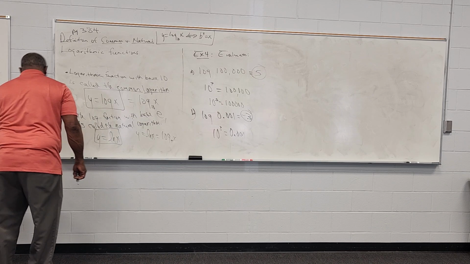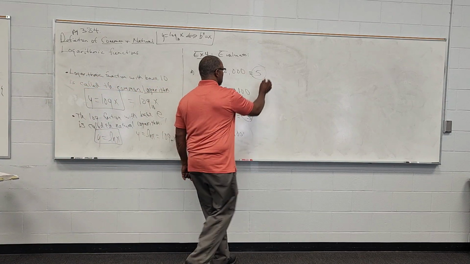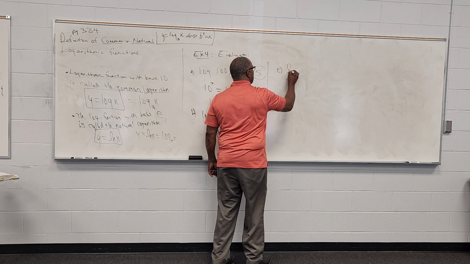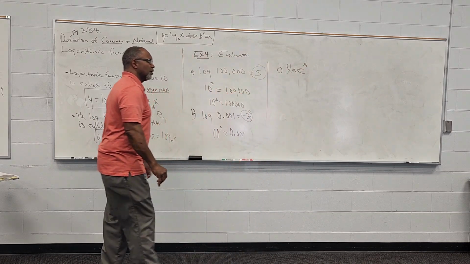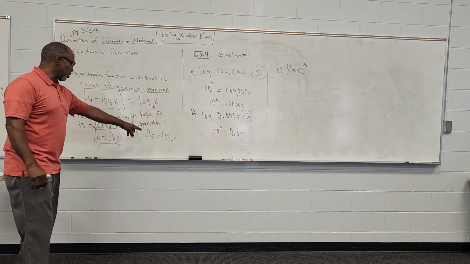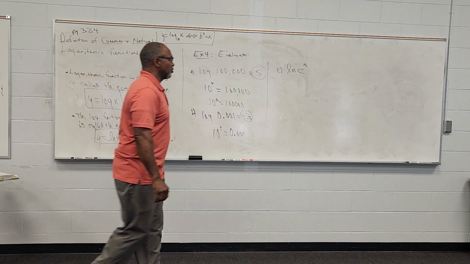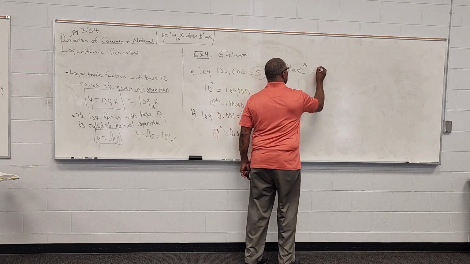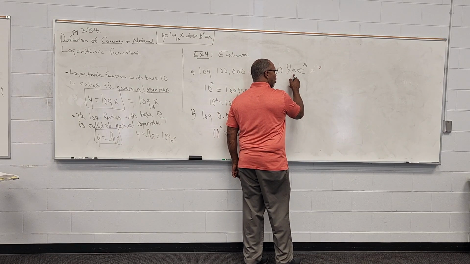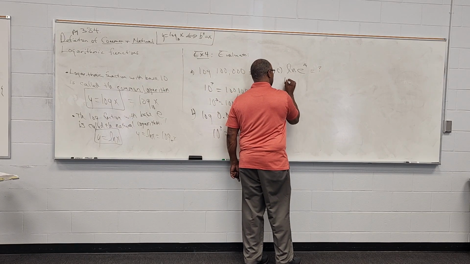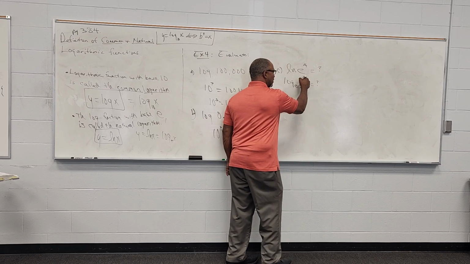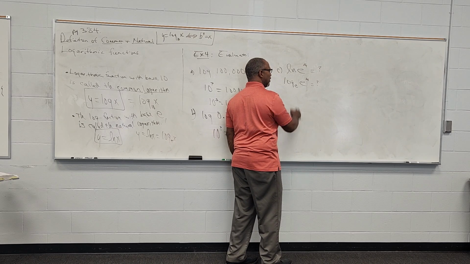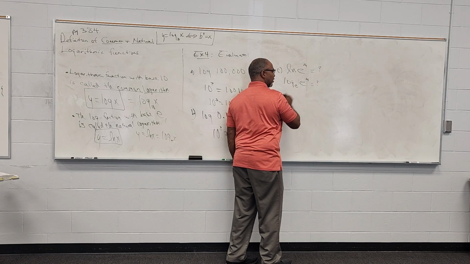C says ln of e to the 4. Well, again, natural log means log base e. So I'm trying to figure out what this is equal to. So again, this is log base e of e to the 4. When you see ln, that means log base e of that thing.